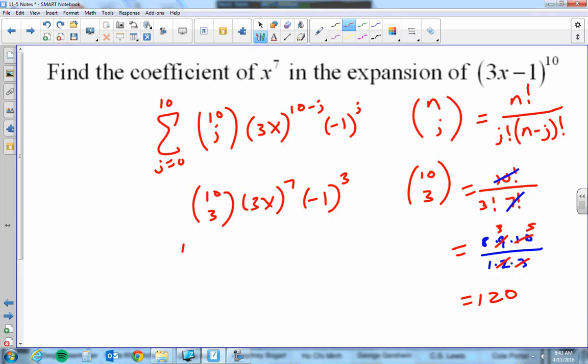So that's 120. 3 to the power 7 is 2187. Write that down. And then that's -1, of course. So, all right, calculate it. 2187 times 120. And I mean by hand. Crank it out.